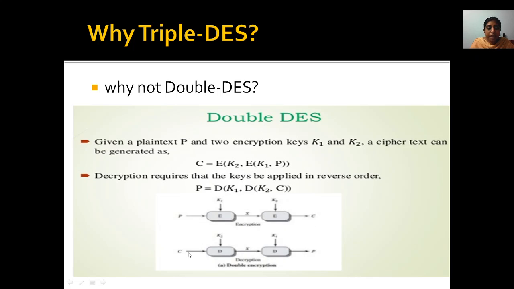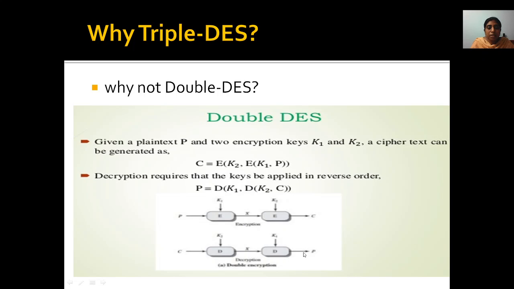At the decryption end, we take the cipher values, decrypt using K2 to get the intermediate value, then apply decryption with K1 to get the plain text. So like this we process.